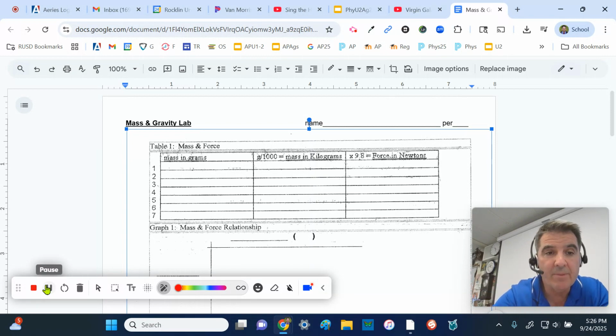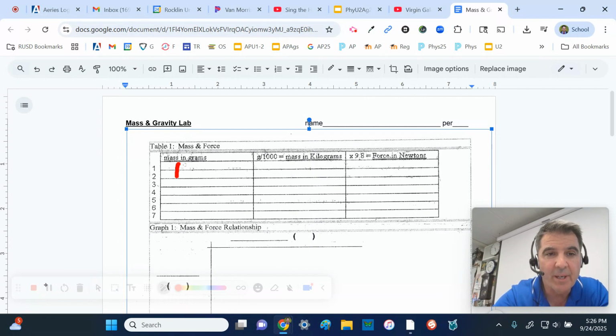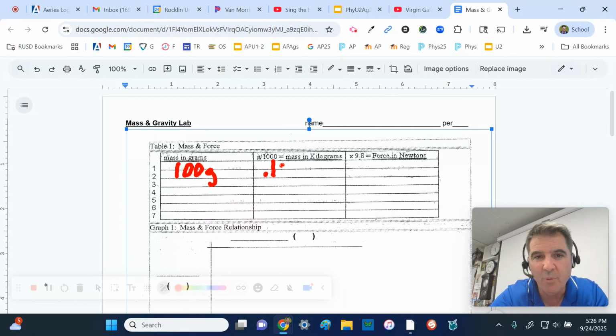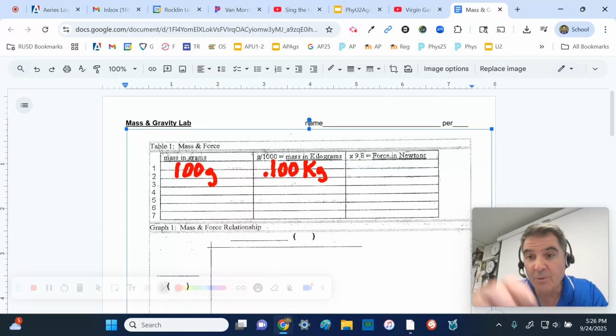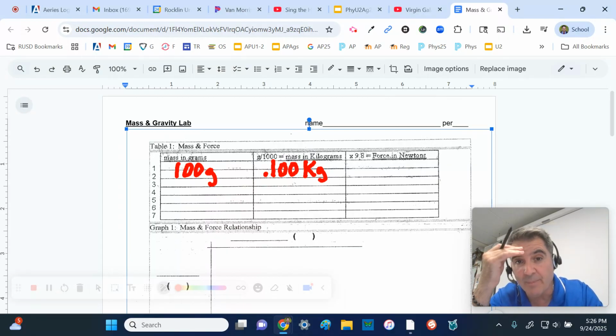So in grams, that was, and I have to write too big, 100 grams. The way we get that to kilograms is we move the decimal over 3 places. I get 0.1. If you want to, you could say 0.100, but it's the same thing, kilograms. The zeros just say how accurate you want to be.